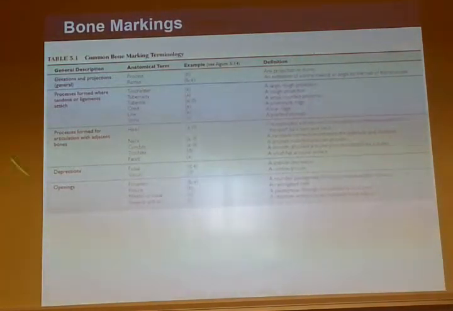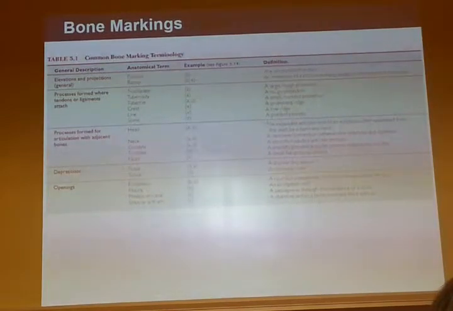So this is a good summary to look at. Elevations and projections: you can have a process. It might be an articular process, it might be a transverse process. It's anything that is going in a particular direction.